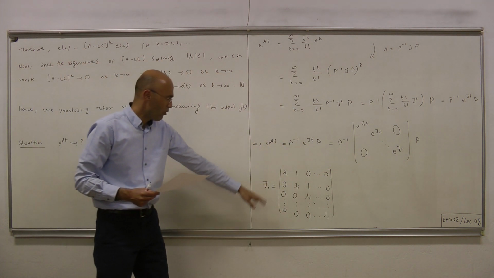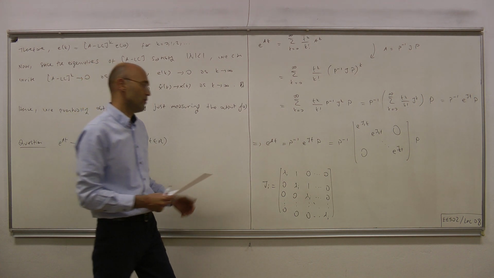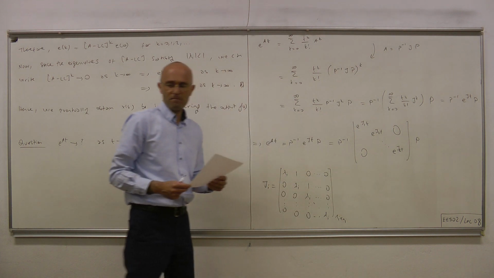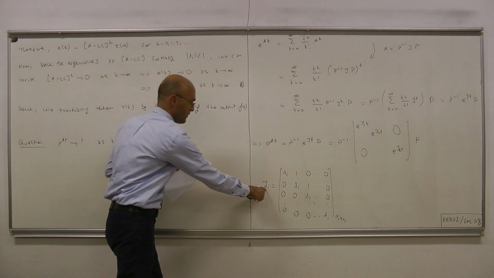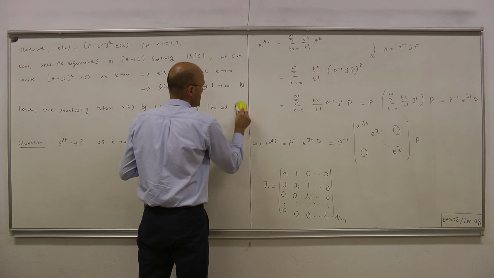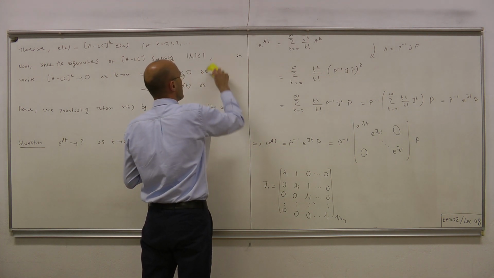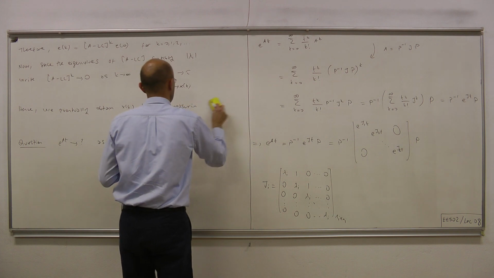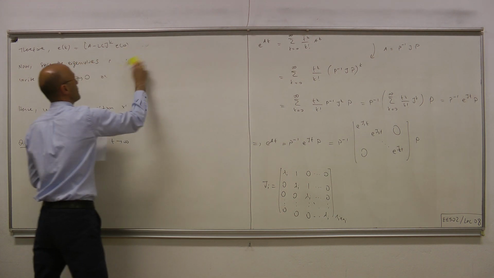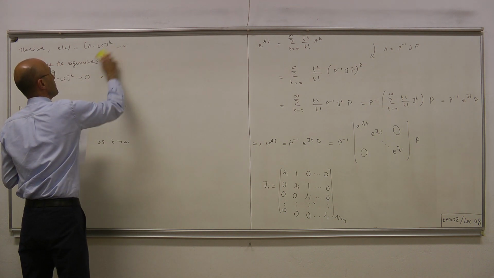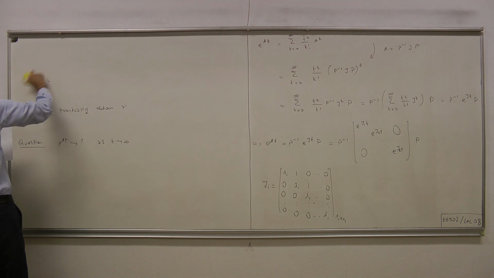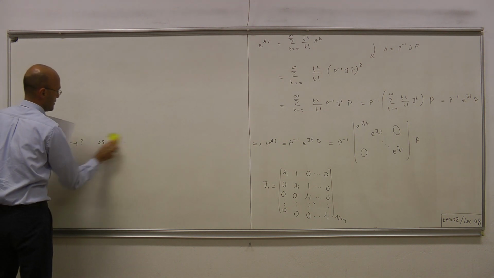That's the form of a Jordan block. This is a square matrix. Now, when the matrix has such a form, its matrix exponential can be easily written down. We can write it down without derivation, but it will be easy to check whether what we have written down is correct or not.